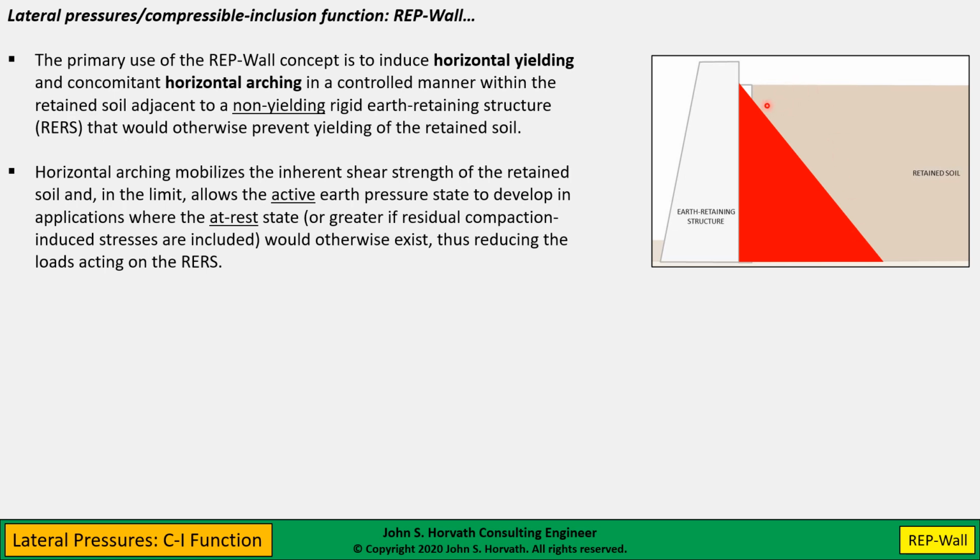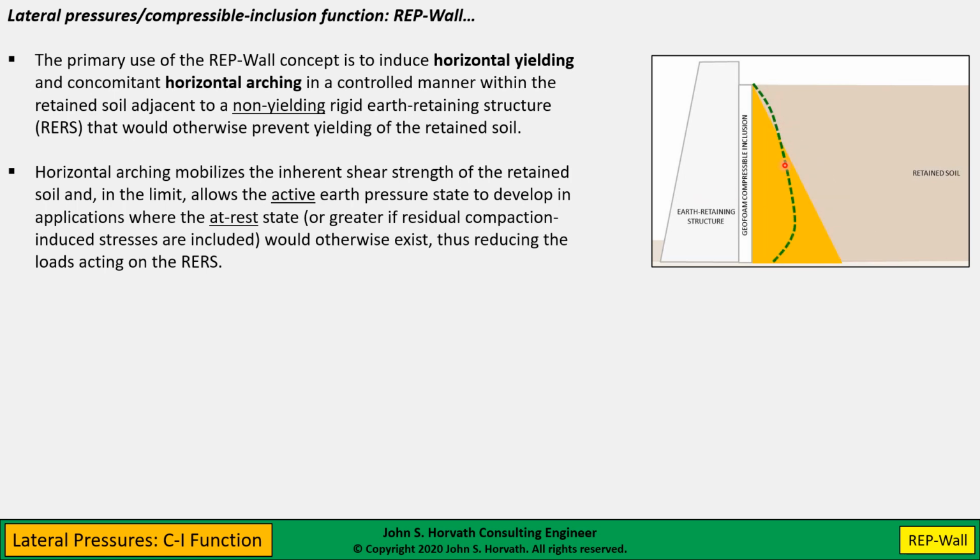And in most cases, you'd also want to include a provision for compaction stresses, which would tend to increase near the upper portion of the wall. So the use of the geofoam compressible inclusion allows the at-rest state to transform, theoretically at least, to the active state and reduce the earth pressures that would otherwise exist.